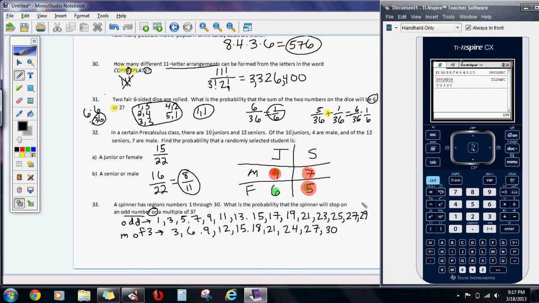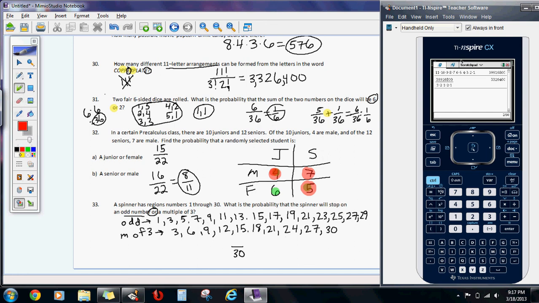Well, every number that you see on this paper now is a success for this scenario. But the problem is we can't just add them all up and divide by 30. The problem is that we've overlapped some of them.